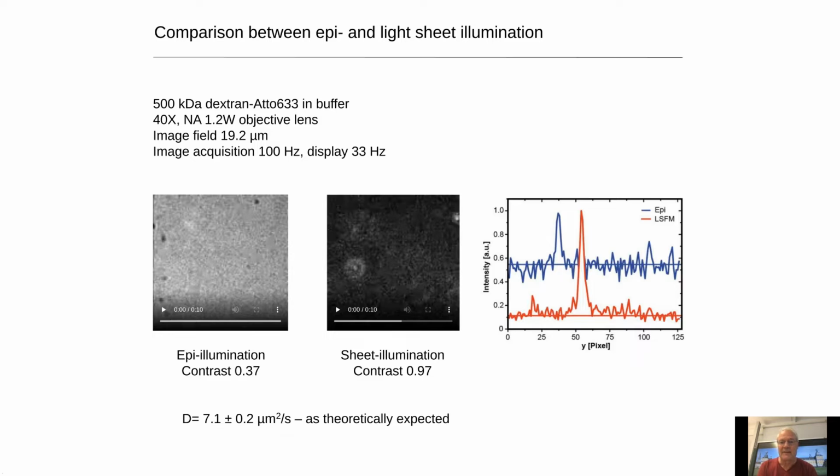When we use sheet illumination, as seen now on the right-hand side, we see that the contrast incredibly increases and that we really can make out without any problem single molecules that diffuse around in that solution. So sheet illumination really opens the way to produce optical sections in extended samples that need to be imaged fast.